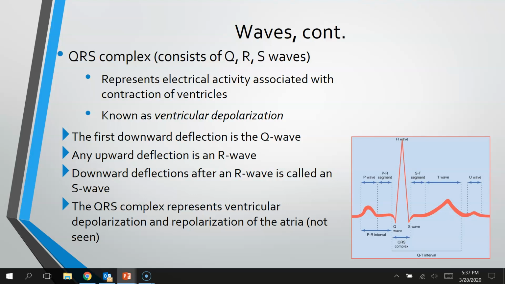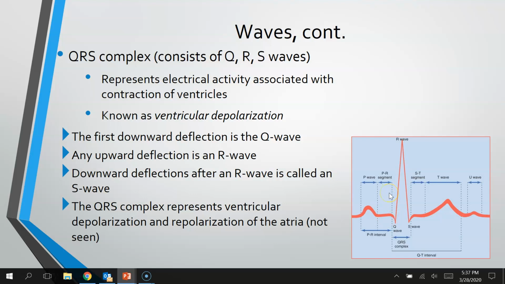The first downward deflection, which is right here, is the Q wave. The top of the wave here is the R wave. And then down here again is the S wave. So what happens here? We know we have this depolarization of the atria. Well, it's got to reset itself because as it contracts, it has to relax.